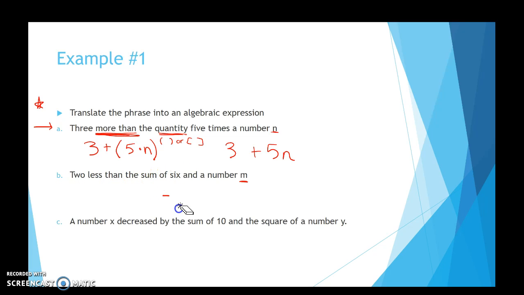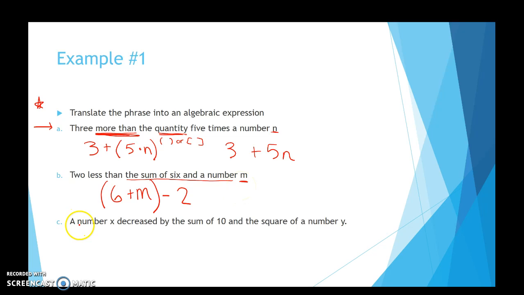In the rest of the situation, the sum of 6 and a number m, that would be the sum of 6 and the number m. We're adding 6 plus m, subtracting 2 from that. This is 2 less than the sum of 6 and the number m.